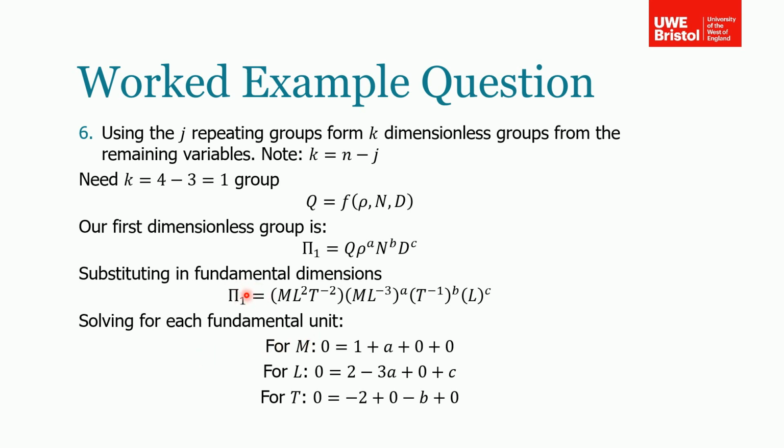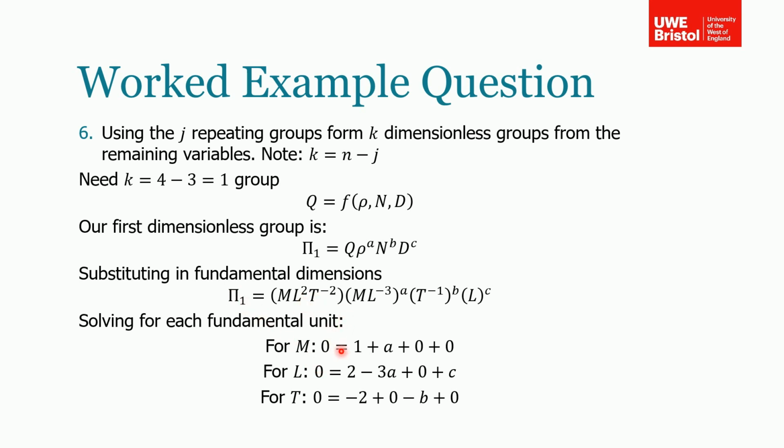For our dimensionless group, on the left hand side we have no mass, so that's equal to 0. It's 1 in our first term, A in our second term, and we don't have mass in our last 2 terms. If we do it for length, it's dimensionless again, so we have no length on this side.